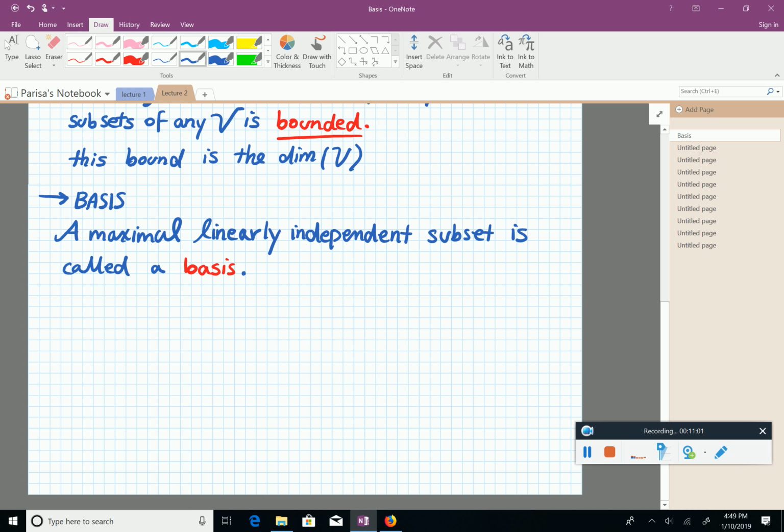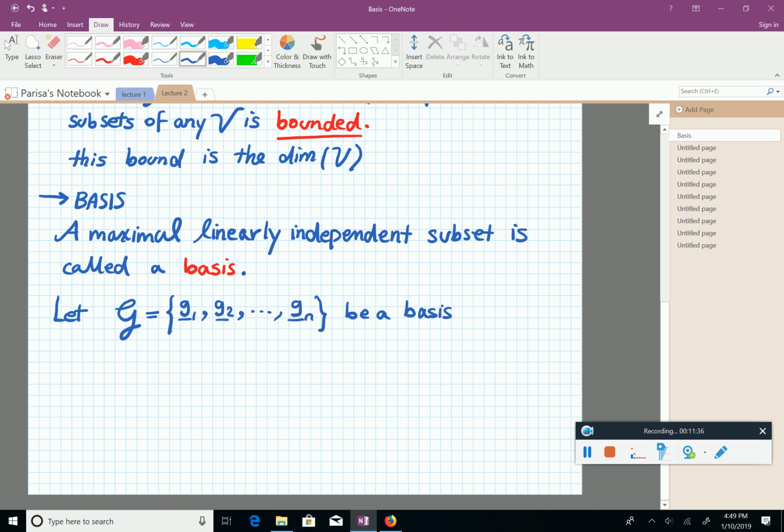So for example, I start with a basis. I call it G. So what is the dimension of this vector space then?